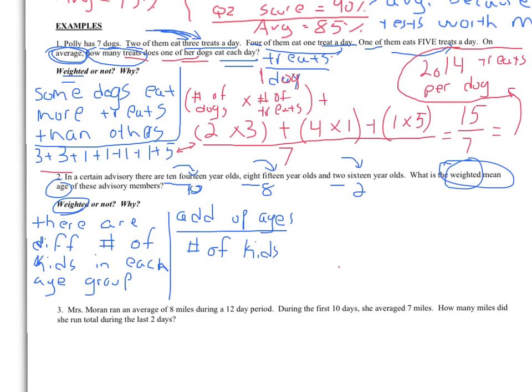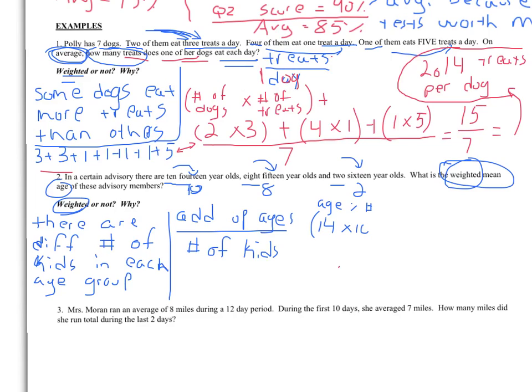Now we have to take into consideration how many kids are in each group. So for the 14-year-olds, if you want, you can make a note of age times the number. It doesn't matter whether you do number times age. 14-year-olds, how many were there?